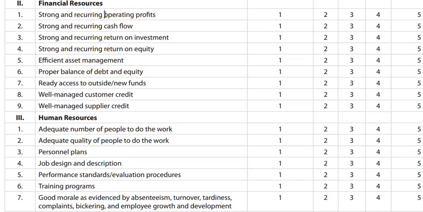That is, operating profits, cash flows, return on investment or ROI, return on equity ROE, asset management, debt to equity ratio, access to new or outside funds, customer credit, and supplier credit. This information is available in financial books, and it can be compared with the results of last year's financial statement.